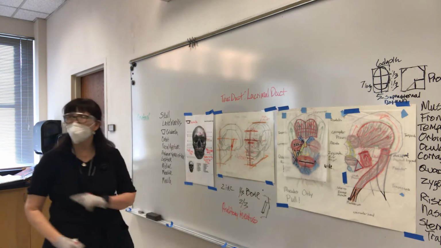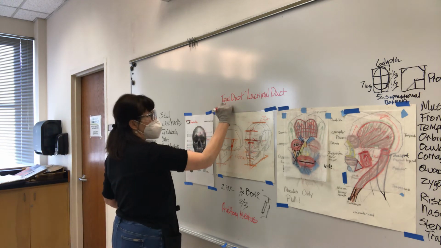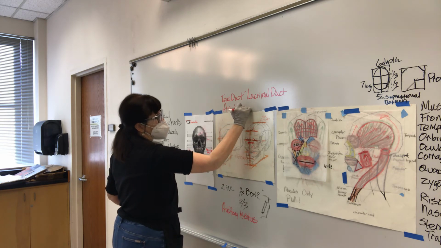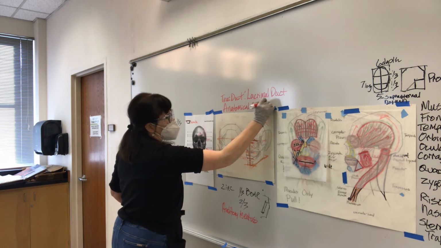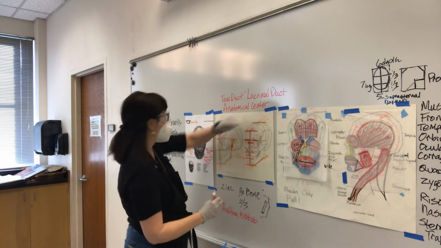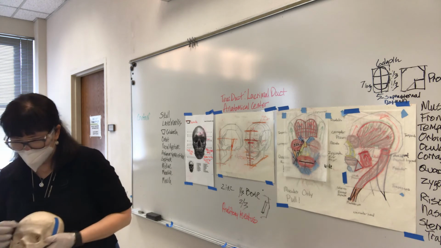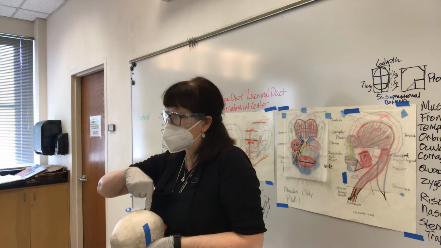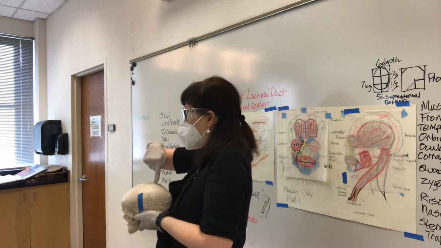If you remember one thing today about today's lecture, this is the anatomical center for the skull. So here is the high point of the skull. The high point, by the way, is not right here on the widow's peak. The high point is right here on the parietal. So right there on the parietal.